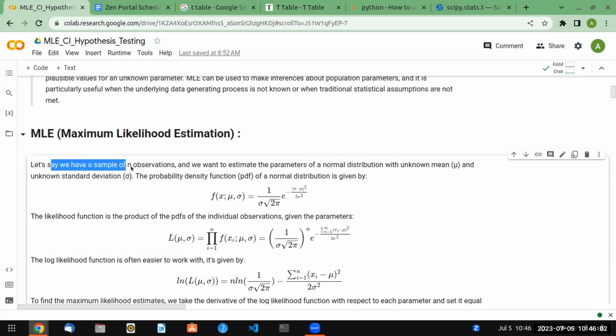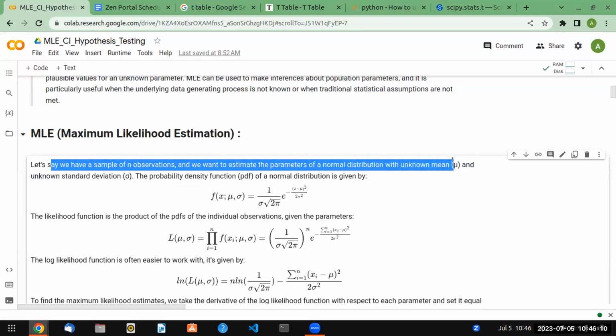Let's say we have a sample of n observations and we want to estimate the parameters of a normal distribution with unknown mean and unknown standard deviation. We don't know them, but we know the distribution is following the normal distribution. Now, how to calculate the mean and standard deviation here?